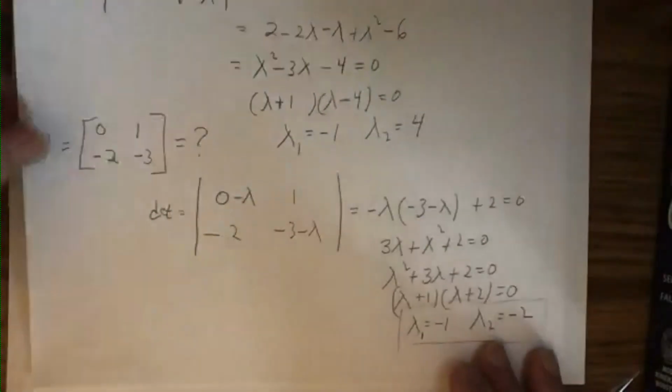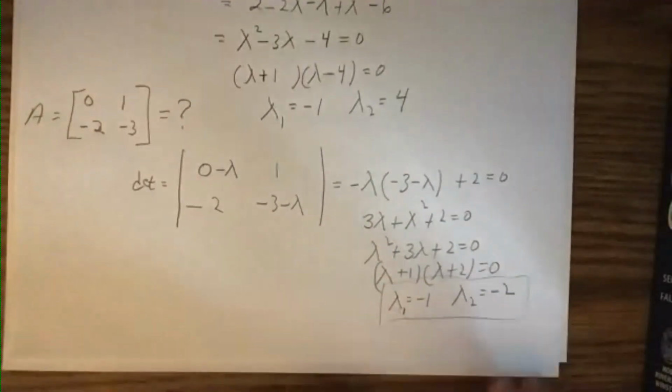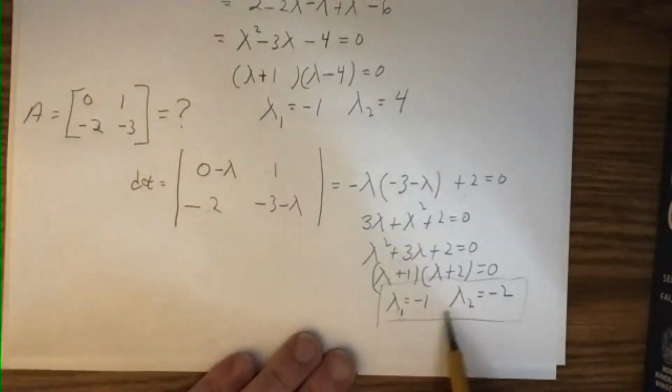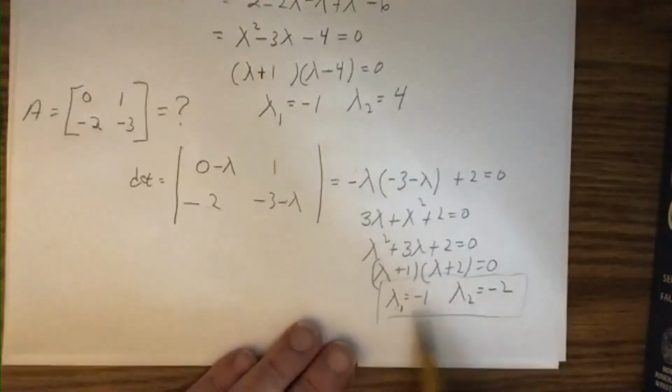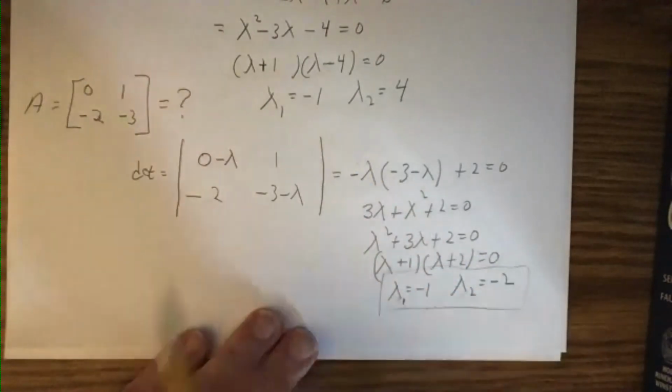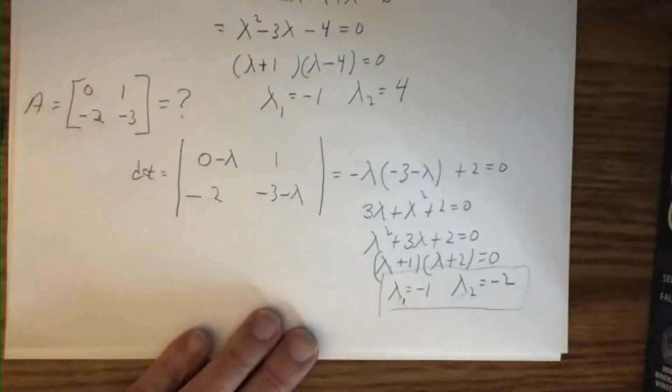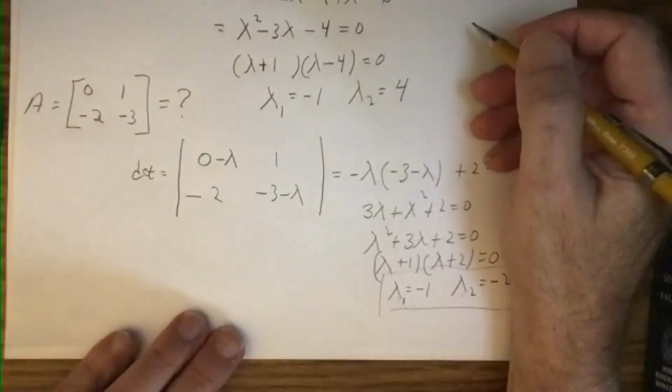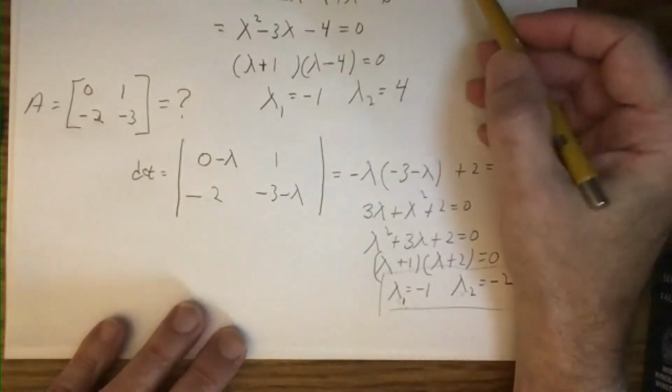So now we need to, oh, before I do that, notice that, excuse me, these are the eigenvalues. My eigenvalues here turned out to be distinct and real, right? So just like when we're solving second order differential equations, we sometimes got distinct roots, right?